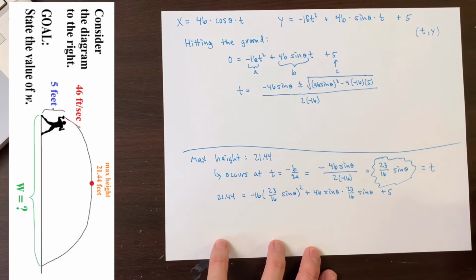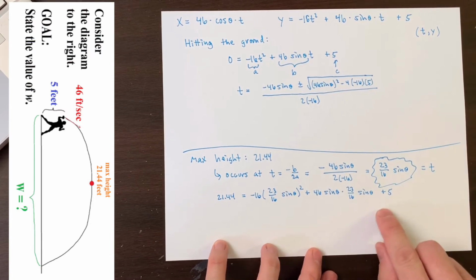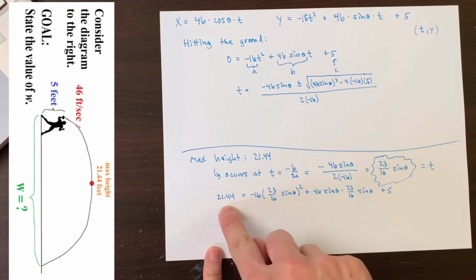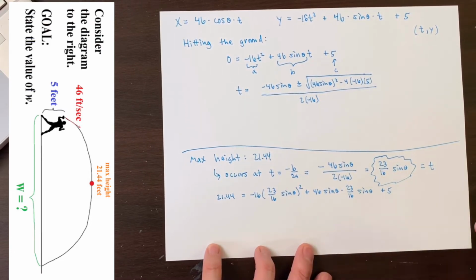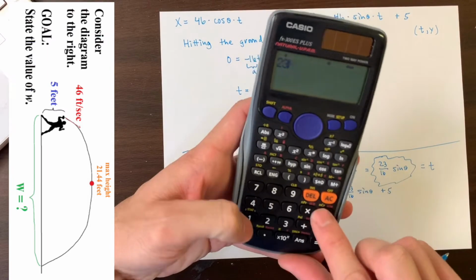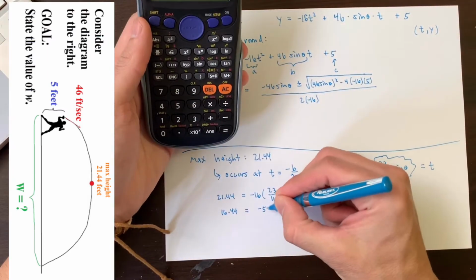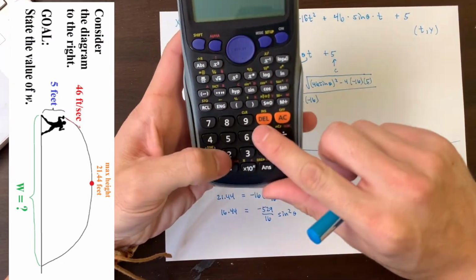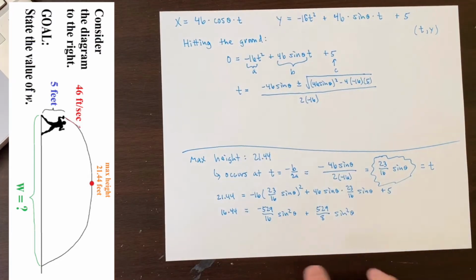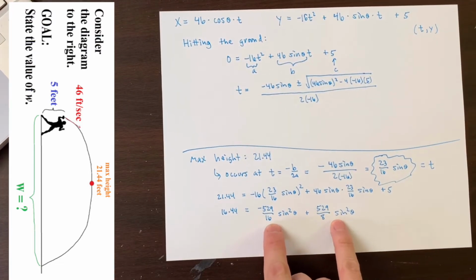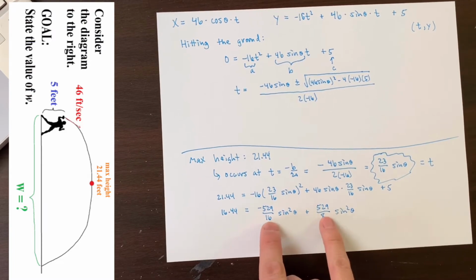And now I look for opportunities to reduce. So maybe I can subtract the 5 to this side. Maybe I can clean up these exponents, and maybe I can clean this up as well. Now these actually are like terms, so you can combine them by adding their coefficients.